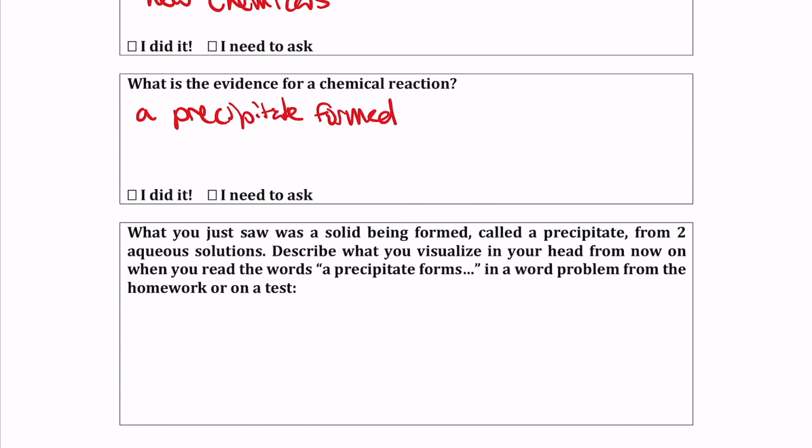So you should think about a powder as opposed to a block. You'll see that a lot in chemistry where the word problems will tell you that a precipitate forms. So I hope you can visualize that now a little better as a solid being a very small, tiny particle of solid, not a giant block.